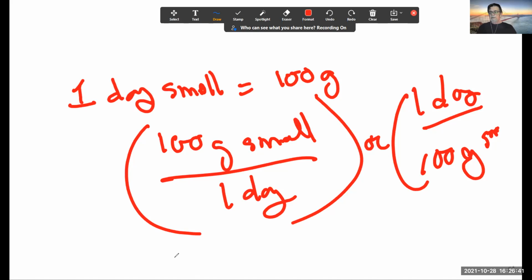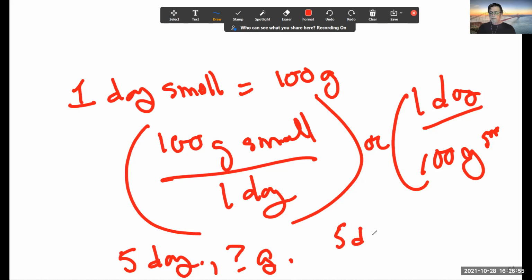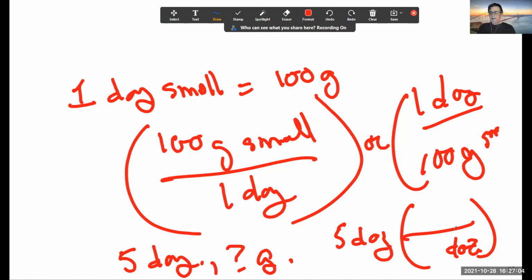Okay, and so if I ask the question, if I have 5 dozen, how many grams does that correspond to? Well, I set up my problem like we did the conversion factor. I set up 5 dozen, okay, for the small eggs. That means I know that a dozen has to be in the numerator, and grams must be in the numerator, and dozen must be in the denominator.